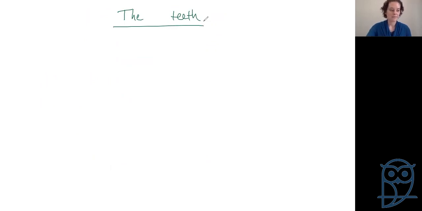The teeth. Now, I am not going to draw a big fancy diagram of different types. So let's work with just a simplified version of a tooth. Because you do need to know the different layers.